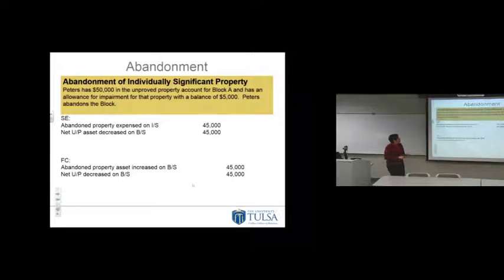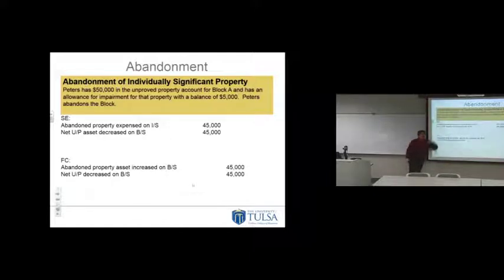So the asset of 50 will come off the balance sheet, and the contra asset of 5 will also come off the balance sheet. That's a net asset decrease. And this is really what I want you to know. What's the net amount that's going to be decreased on the balance sheet? $45,000.